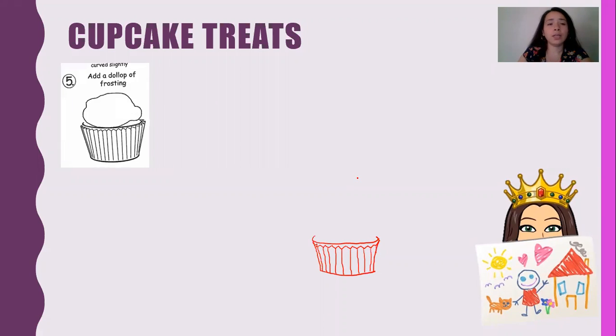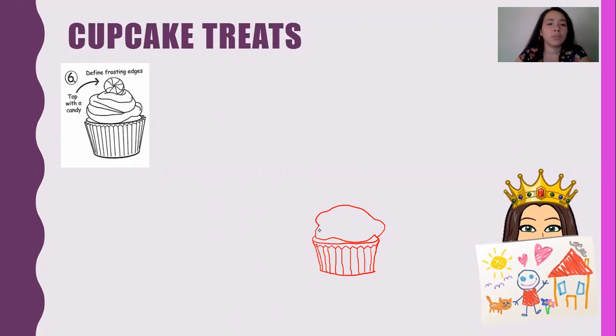Okay. Now your next step is to add the dollop of frosting. Now we're going to add the frosting edges, and then you can even put a candy on top.